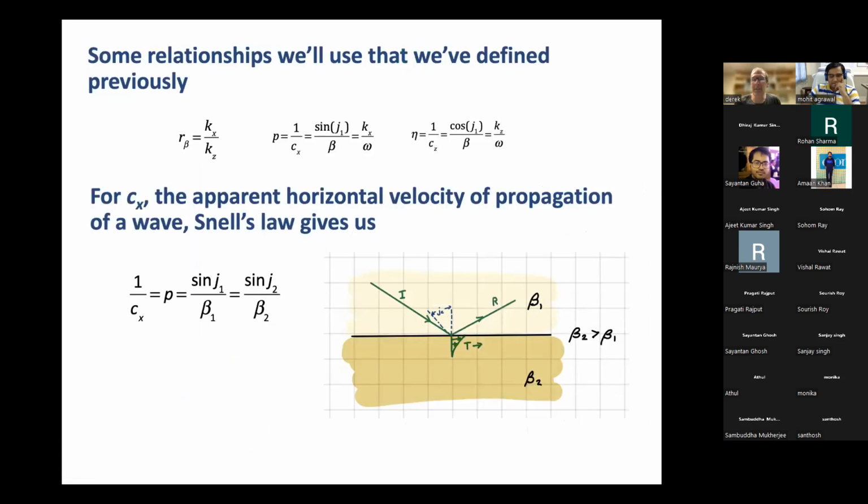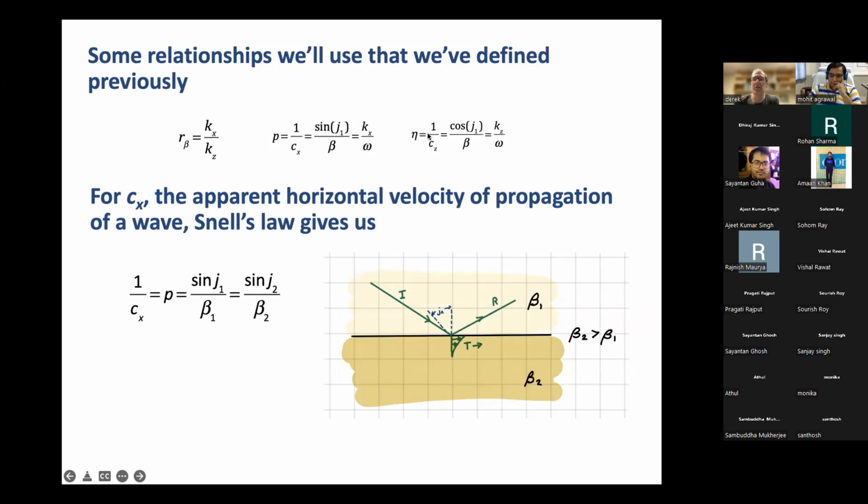All right, we talked about this a little bit in our last lecture, but here are some relationships that we'll use that we've defined previously. R is the ratio of the horizontal wave number component to the vertical wave number component. The ray parameter P is 1 over the horizontal apparent velocity, which is sine of the angle of incidence over the velocity in the top layer, and that also equals K sub x over omega.